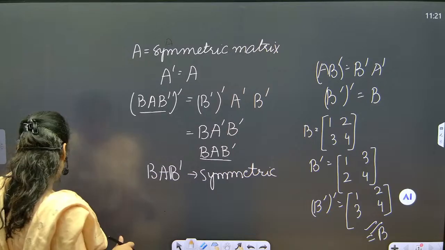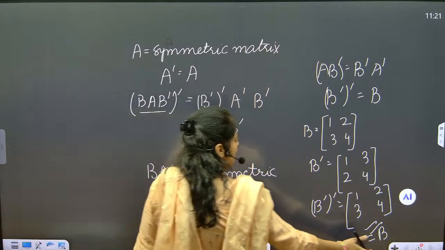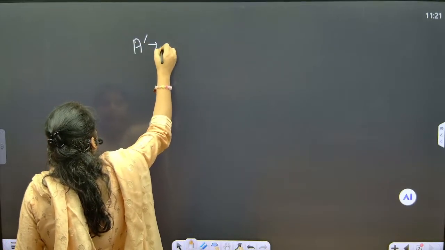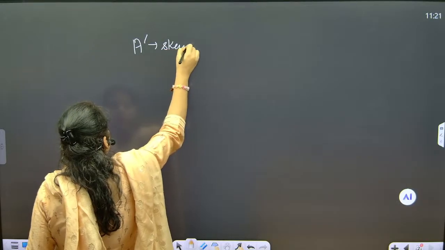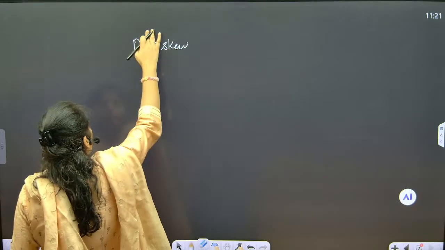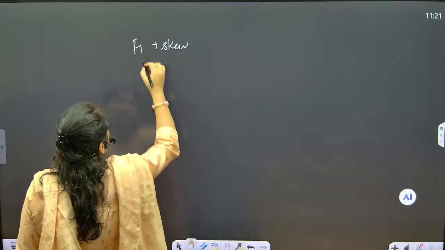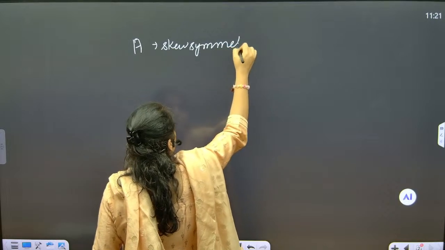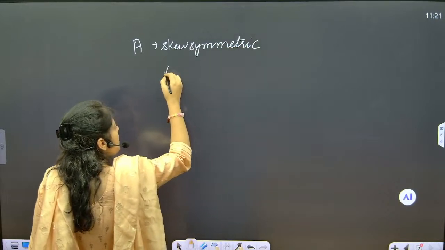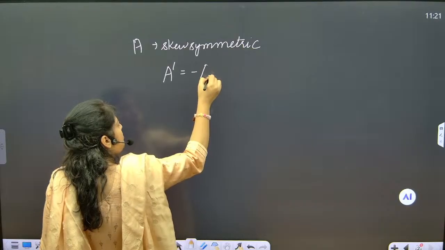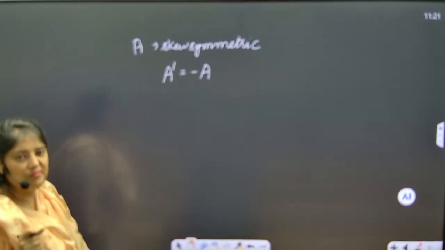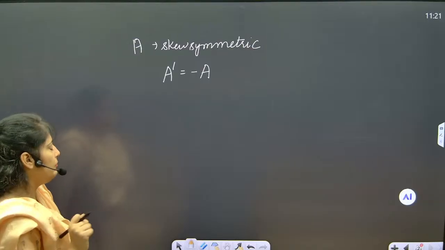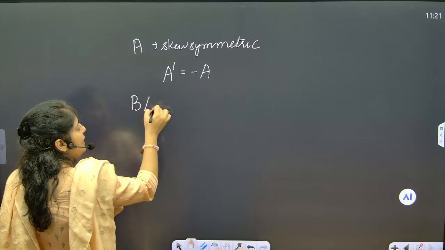Next, I'll do one more. Suppose A is a skew symmetric matrix. Skew symmetric means A dash equals minus of A. Now we have to see the nature of B A B dash.